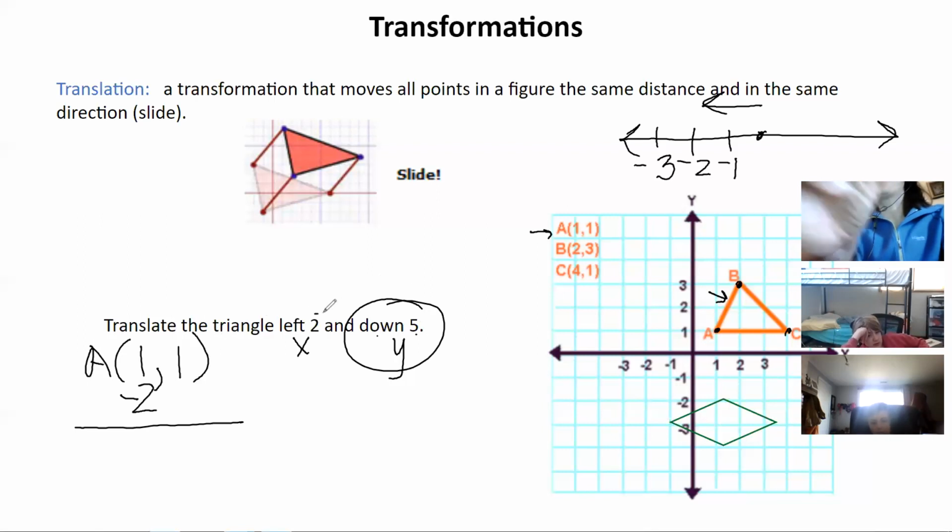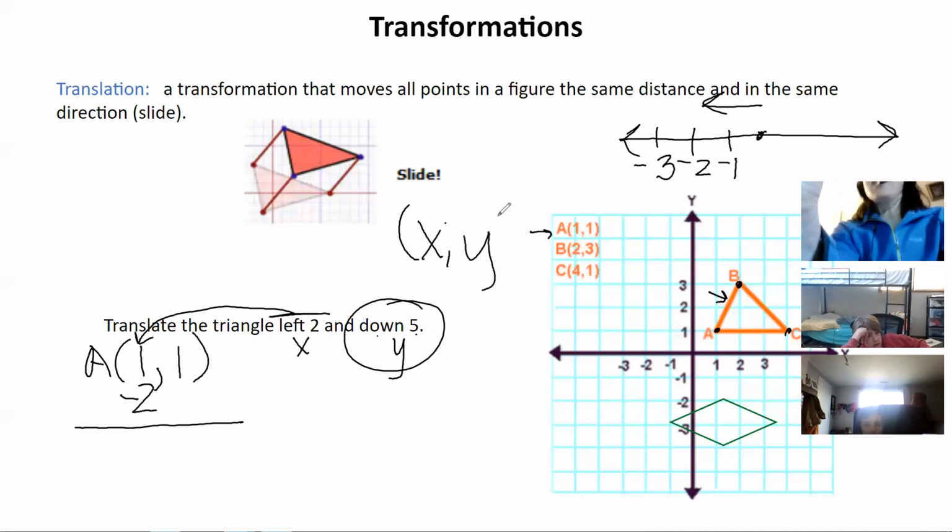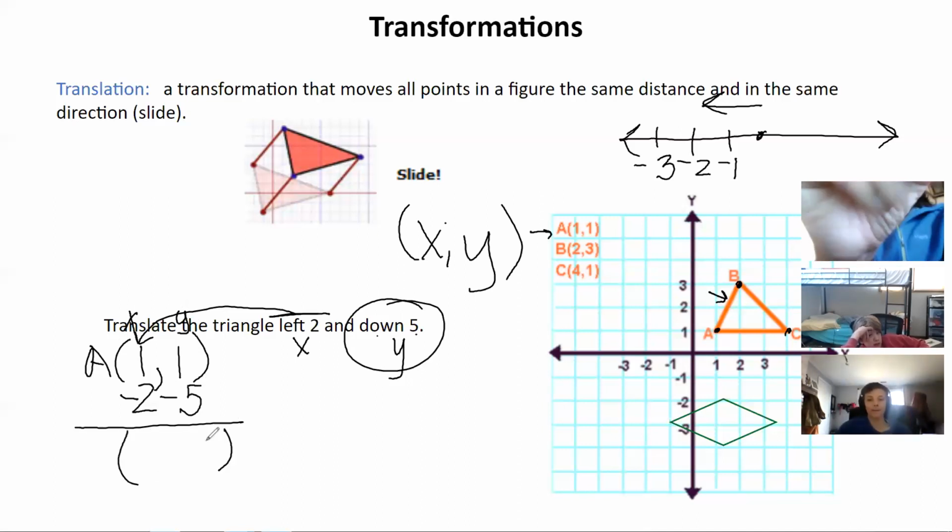If I went left 2, I subtracted 2 from the x. So would it be subtracting again? From where? From the y. Yeah, you got it. So x is the first one, y is the second one. So we're going to go down 5, so we subtract 5 from that y.